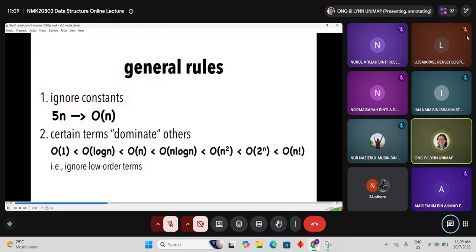We ignore or drop low order terms when they're dominated by high order ones.